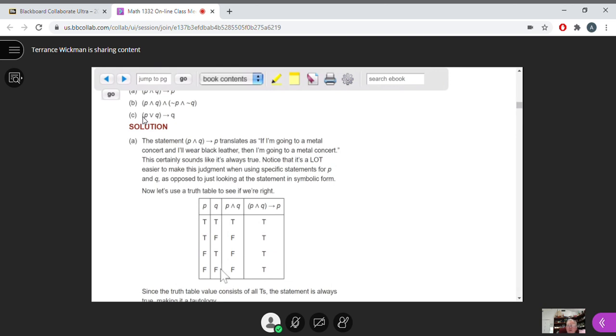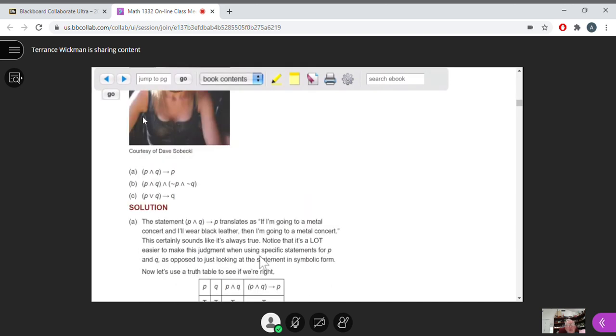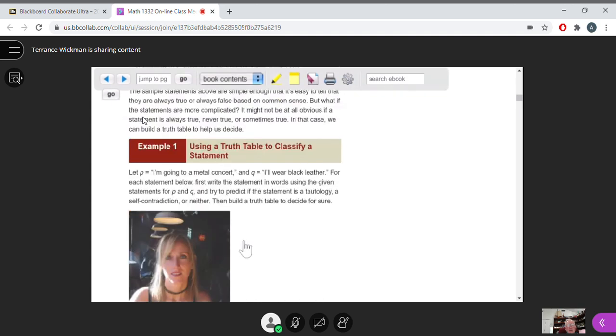Now think about it. Why would that be true? I'm not going to go to the concert. Well, let me start out. Let's start with the right one here. I'm going to a metal concert. I'm going to wear black leather.